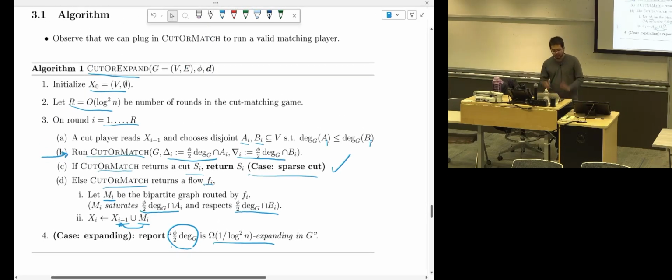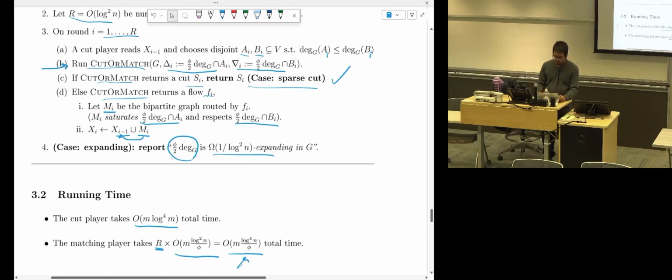So, any questions about this? Sorry, the improvement to log cubed, where does the improvement come in? Is it the cut or expand part, or the sparse cut part? The improvement comes from this one.